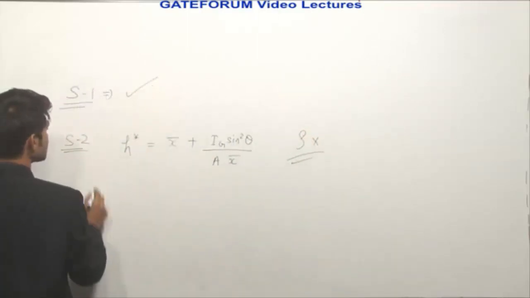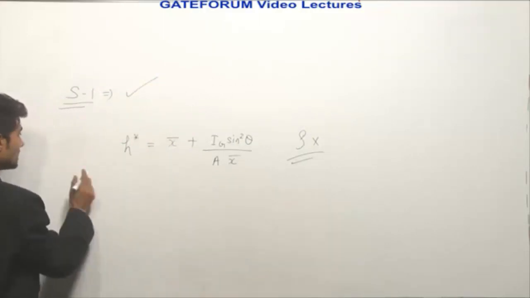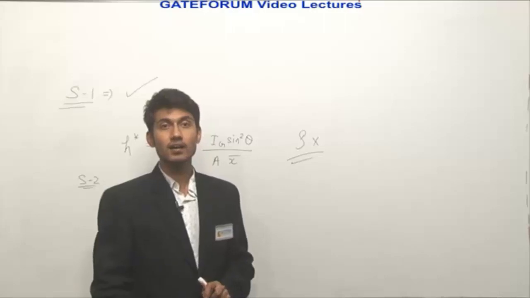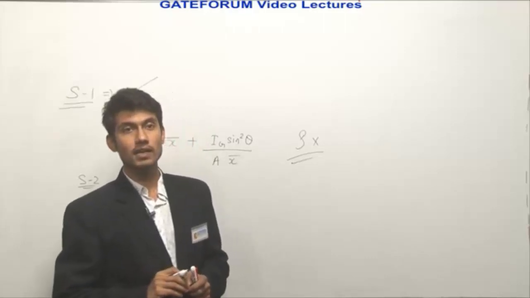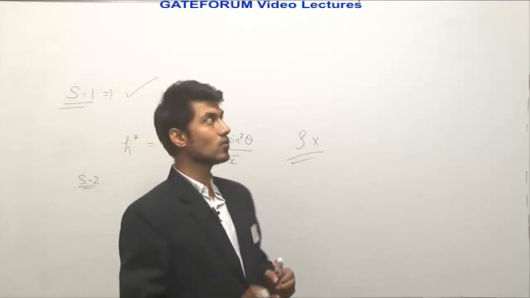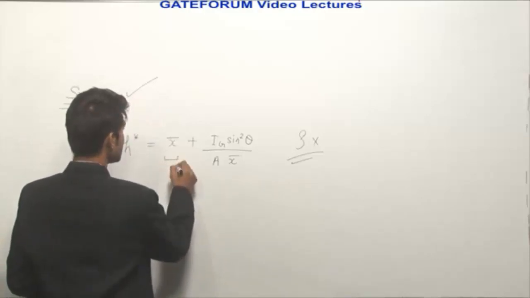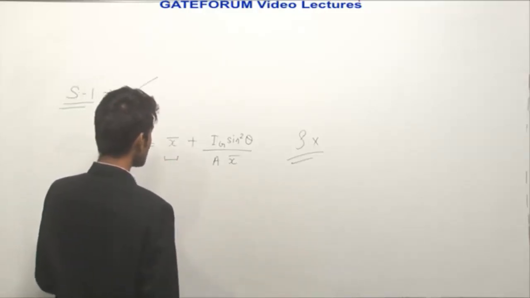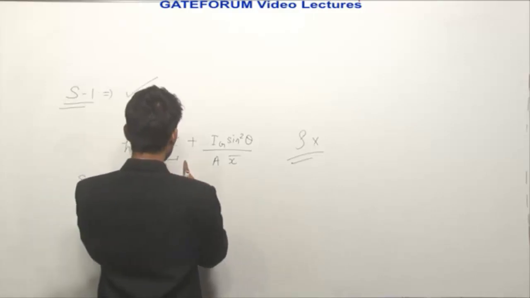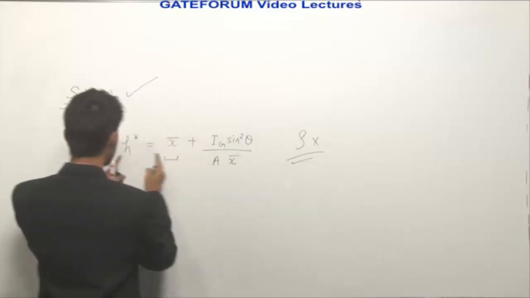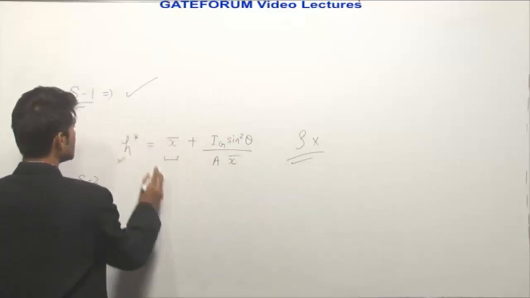Now statement 2. Statement 2 given is the center of area of the immersed body lies below the center of pressure. No, it is incorrect. Just look at this formula. This is the center of area. Now this particular term is added with something else and the final term is called center of pressure.